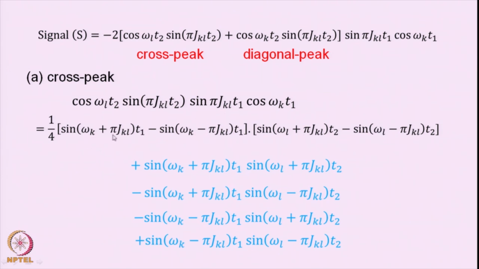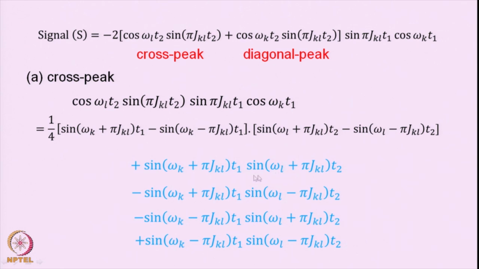This is sin omega k plus pi j k L T1 minus sin omega k minus pi j k L T1, and likewise the T2 part also gives me 2 sine terms, sin omega L plus pi j k L T2 minus sin omega L minus pi j k L T2. Those are written explicitly here. The 4 terms are separated out from this product.